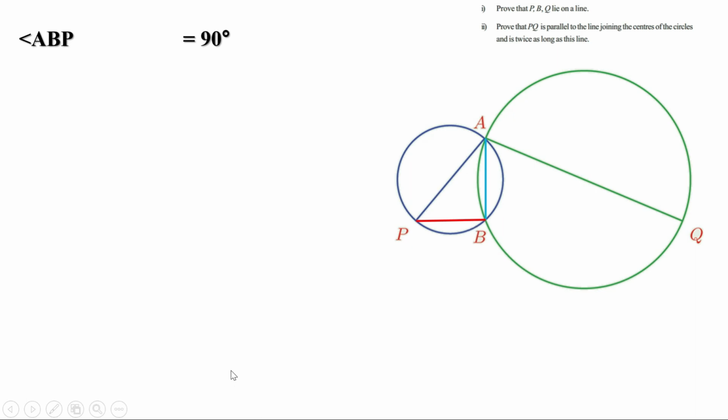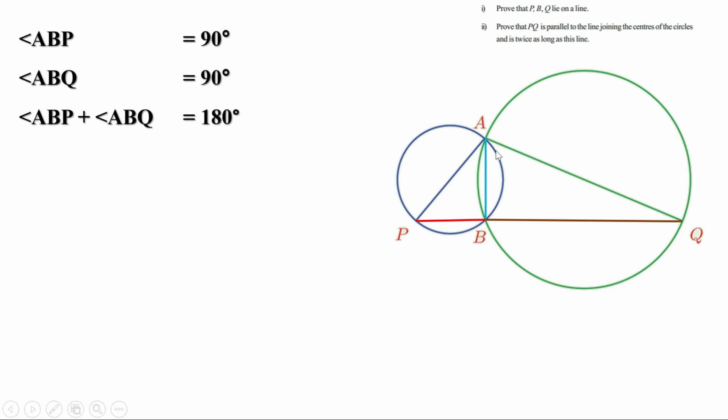Now let me join Q to B. What is this angle? That is also 90 degree because it is in this semicircle. So we can say angle ABQ equal to 90 degree. Now we can say angle ABP plus angle ABQ equal to 180 degree.